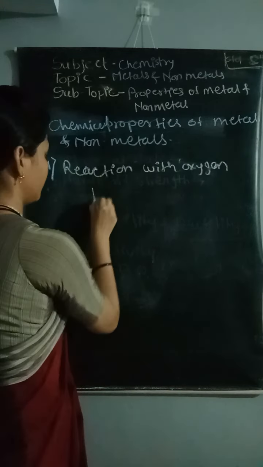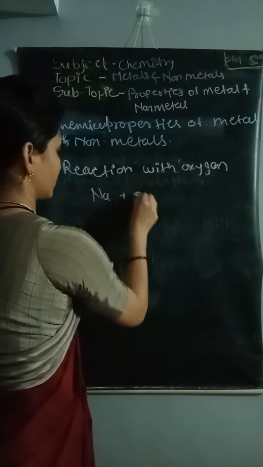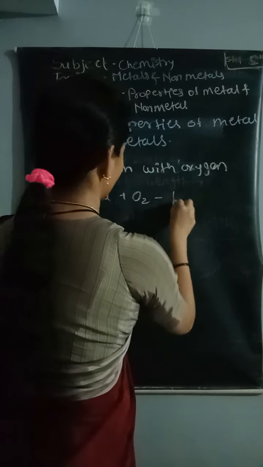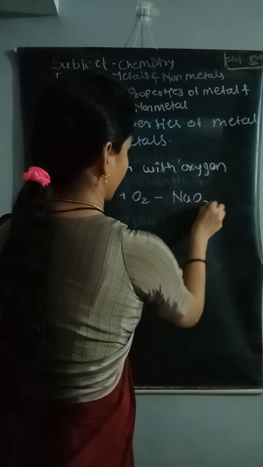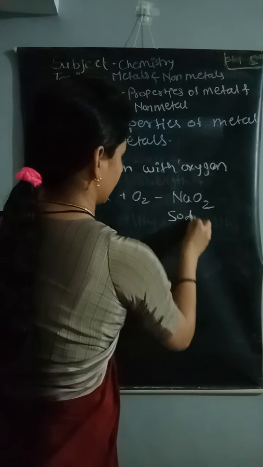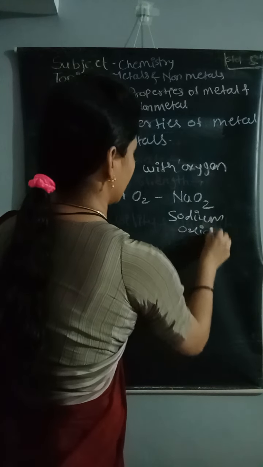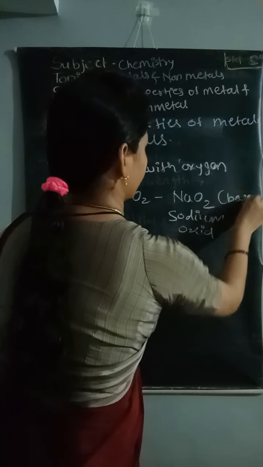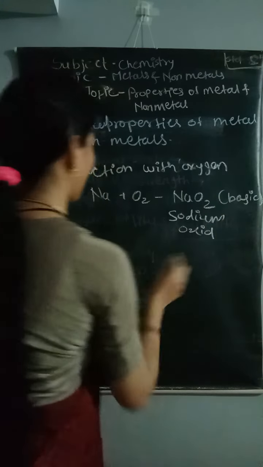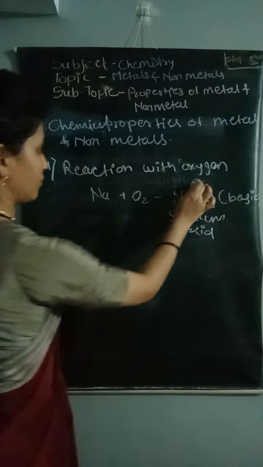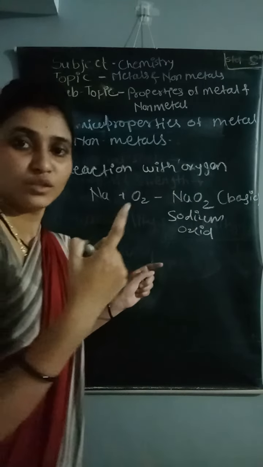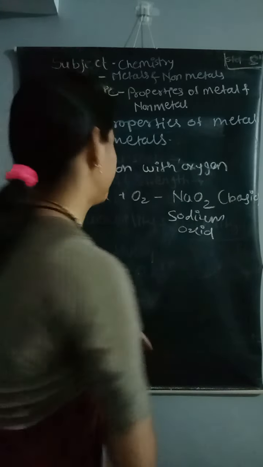Take the example of sodium. Sodium plus oxygen gives sodium oxide. That is basic in nature, a basic oxide. After that, the reaction of oxygen with non-metals like sulfur.